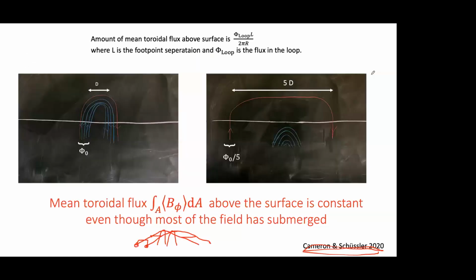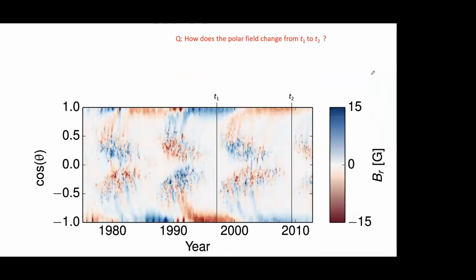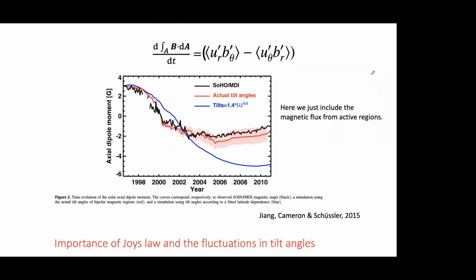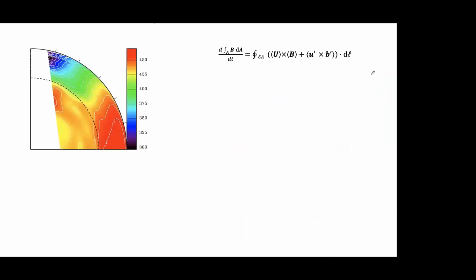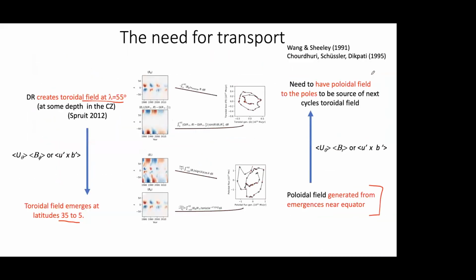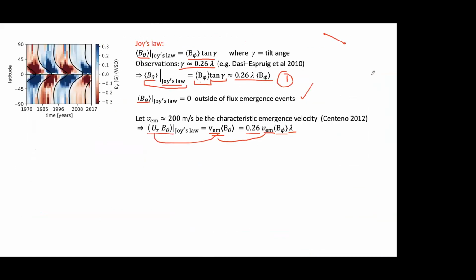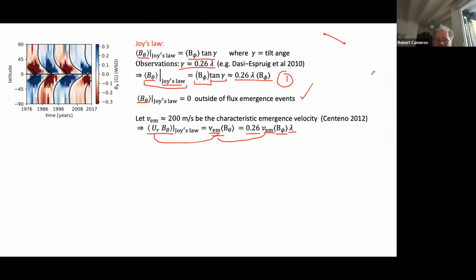And also you can use the mean field theory, where you can make a rough estimate of the alpha effect, and you get the same amount of radial field. So then you can't actually distinguish between the Babcock-Leighton type source and the alpha.